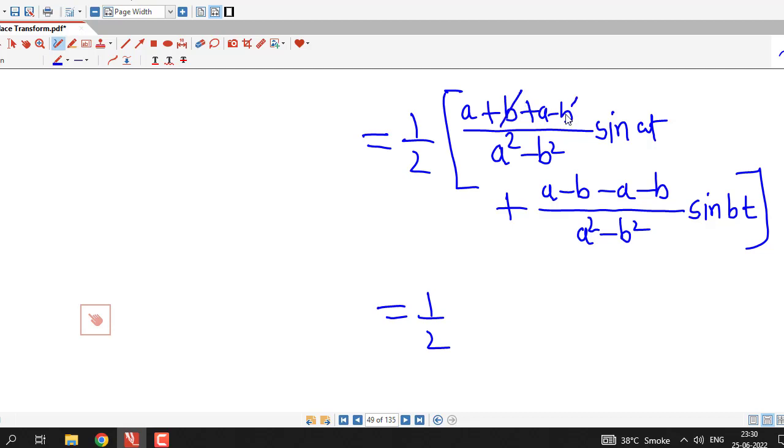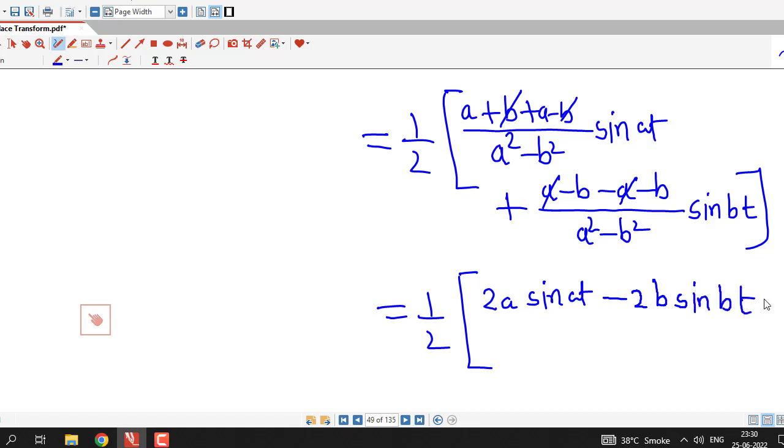Here b will cancel out, and we have 2a sin(at), and here a will cancel out and we will have −2b sin(bt), and the denominator is common, which is a² − b².